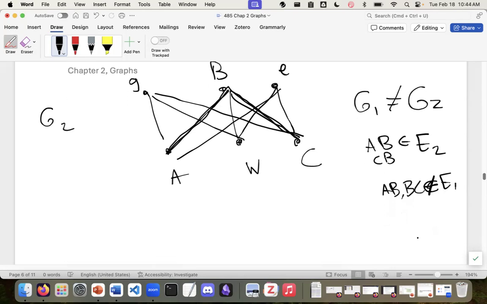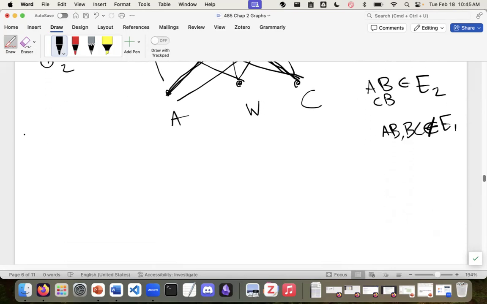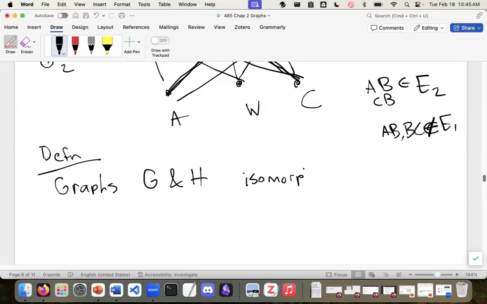So from this, we get a new definition. We can say that two graphs, let's call one of them G, the other one H. These two graphs are what we call isomorphic.